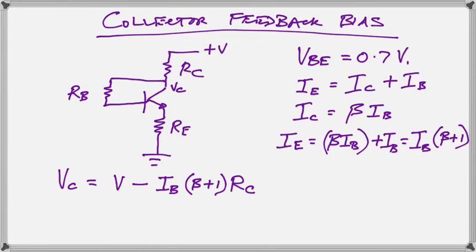And we now look here at the VC. That's the one that is slightly different. We take V minus beta plus 1 times IB. Remember, it was beta IB before. Well, it's now gone to beta plus 1 IB because in this particular circuit, the same current is flowing through the emitter as is flowing through the collector resistor, right?